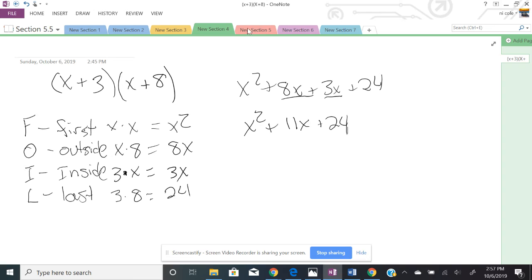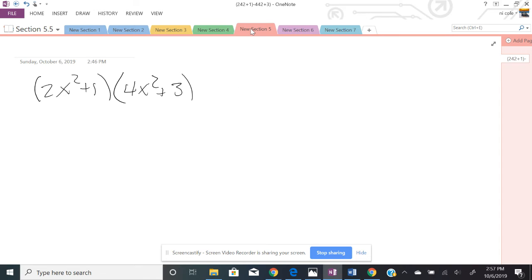All right. Let's look at it a different way. I'm going to say that's a 1. All right, so I can also kind of use my distribution, so I can use the arrows. So I could have 2x squared times 4x, so 2 times 4 is 8. X squared times x squared is x to the fourth.